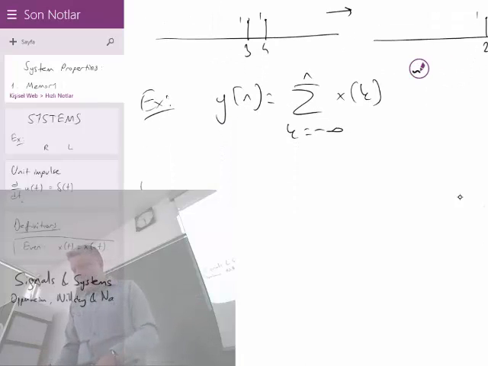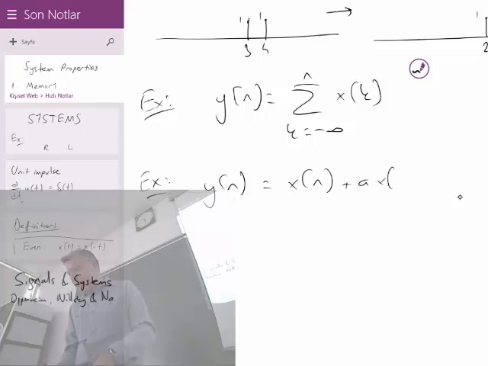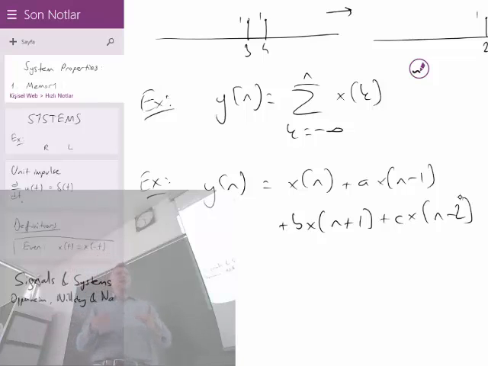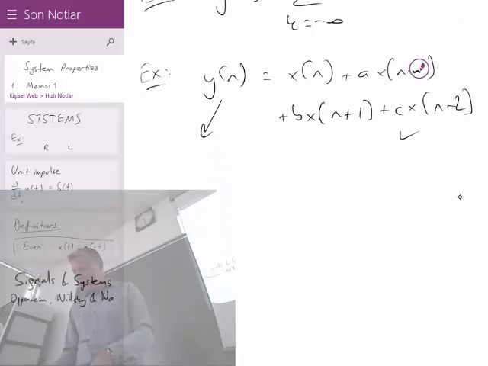A difference equation is like this. y of n is equal to x of n plus a times x of n minus 1 plus b times x of n plus 1 plus c times x of n minus 2, and things like that. Okay, you add up several shifted versions of the input. This is a difference equation. In fact, you can also do the same at the output side as well. So this is time invariant.